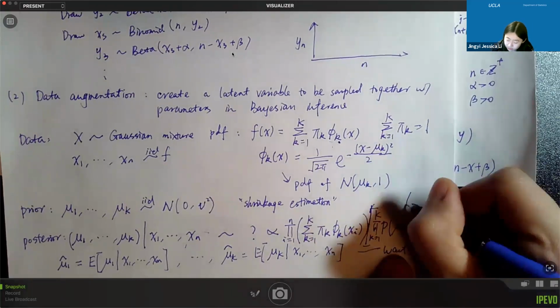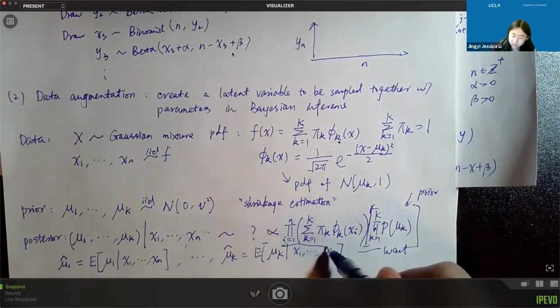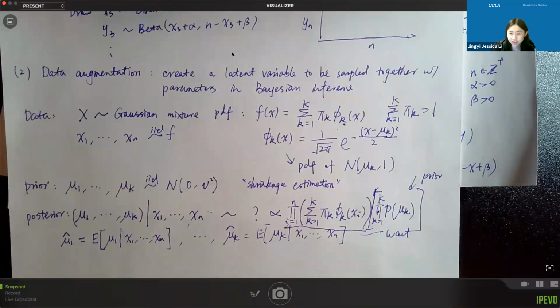The prior is here, but the likelihood part, this product, is very complicated. So it's not easy to get the posterior directly.